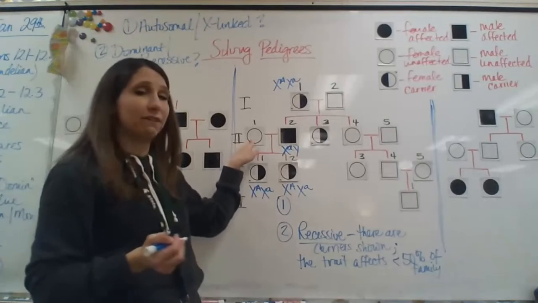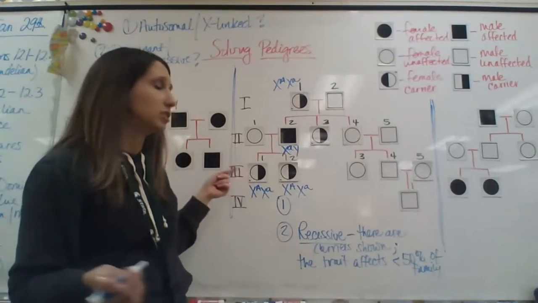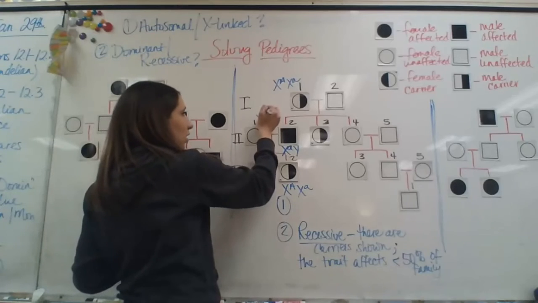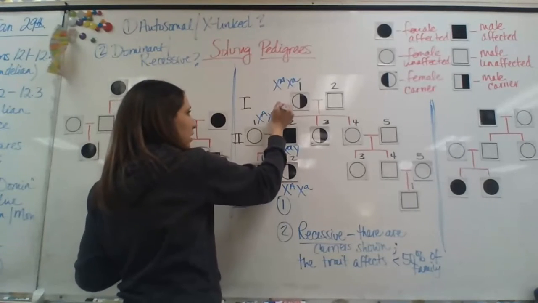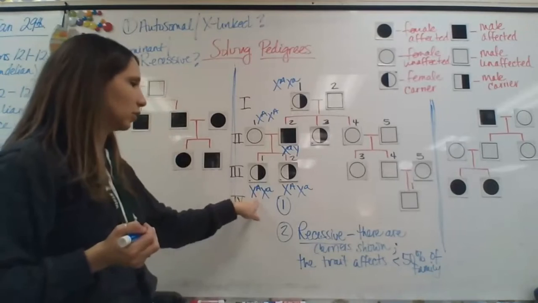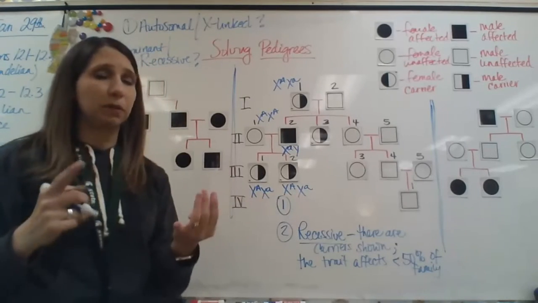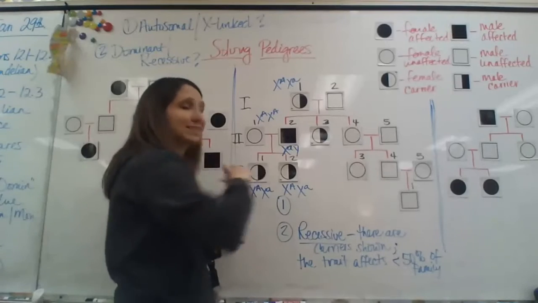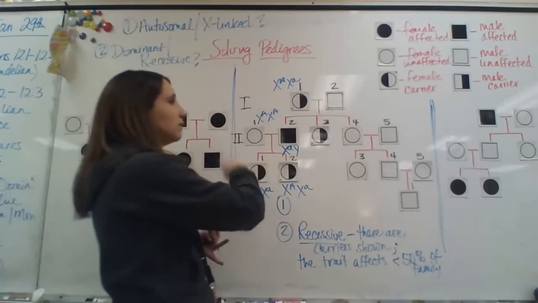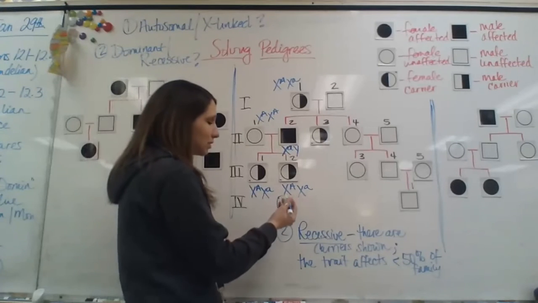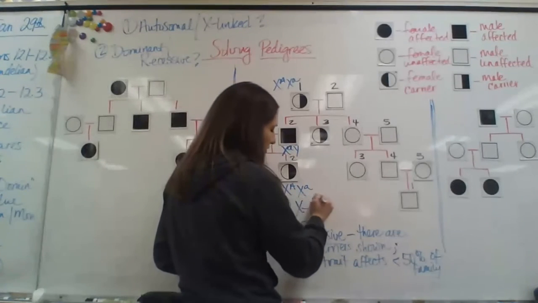This female here is unaffected, and we're also going to make the assumption she's not a carrier because she's not being shown that way. So she was likely homozygous, X big A X big A, and passed down the normal allele to her daughters. Because we see males affected and not females, because we see female carriers and not male carriers, and because it's pretty infrequent, this is probably going to be sex-linked and recessive.